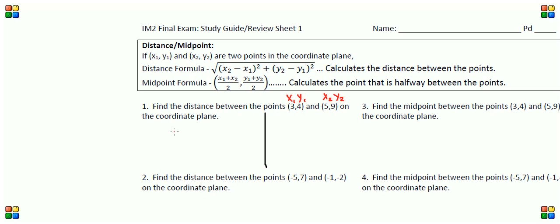distance formula. Let's write distance is equal to, and the distance formula is a radical or a square root. Let's plug in x sub 2, which is 5, minus x sub 1, which is 3, quantity squared, plus y sub 2, which we've noted as 9, minus y sub 1, which is 4, also quantity squared.